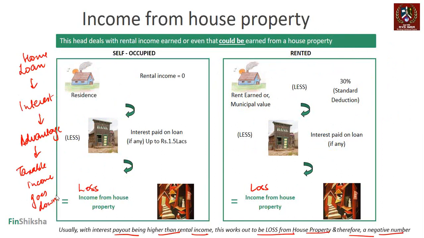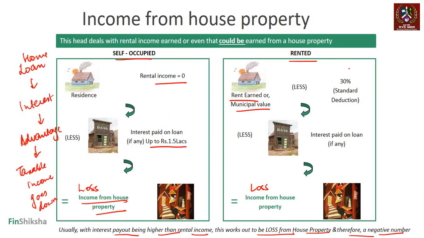That's one of the biggest advantages of home ownership in India, where you can basically purchase a home, and if you purchase it on a home loan, then technically there is a benefit in the taxable income that someone has at the end of it, right? So just to summarize, self-occupied home, zero rental income, you can subtract interest paid up to 1.5 lakhs. That will typically come out as loss from house property if it is a home bought with a loan. If it is rented, whatever the rent earned, if it is vacant, whatever is the municipal value of rent at that point of time is considered.